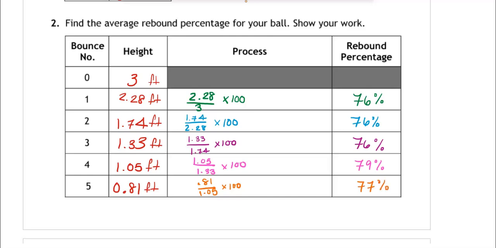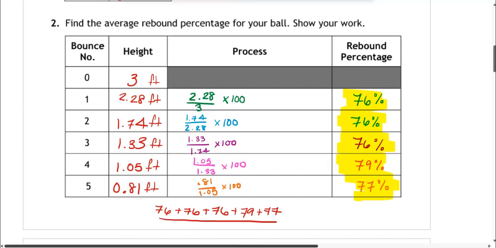Okay. So the average rebound percentage for the ball. That means I need to take all of these rebound percentages, all of those numbers there, and find the average of them. So I'm going to go 76 plus 76 plus 76 plus 79 plus 77, because remember, taking an average means you add up all of the numbers and then divide by how many numbers you added up together.